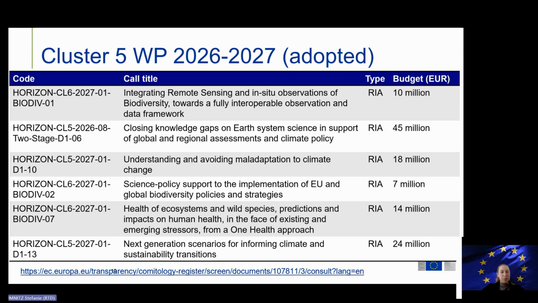Here the fourth project, as well as building next generation scenarios for informing climate and sustainability transitions, here also funded with 24 million as a RIA in the last one.